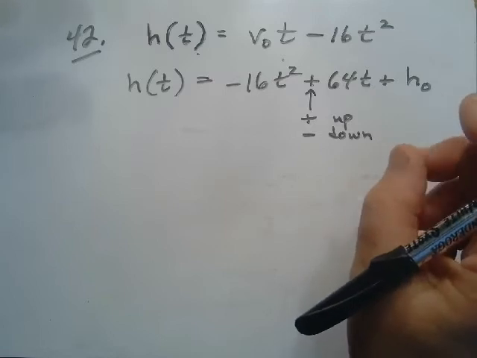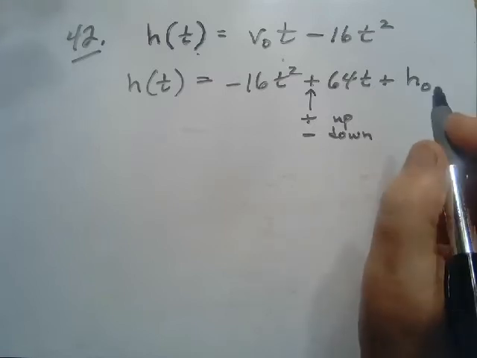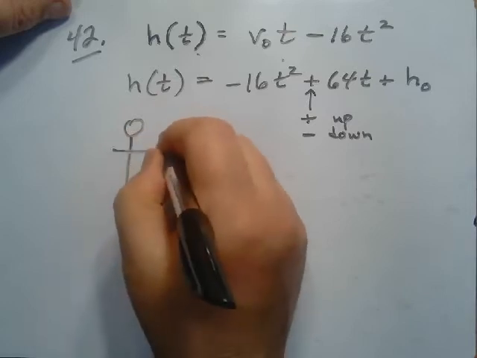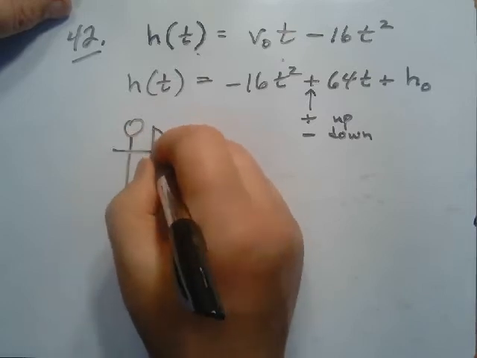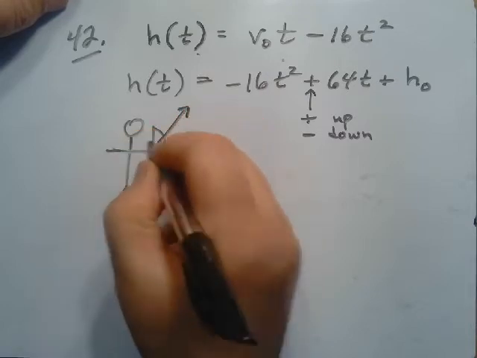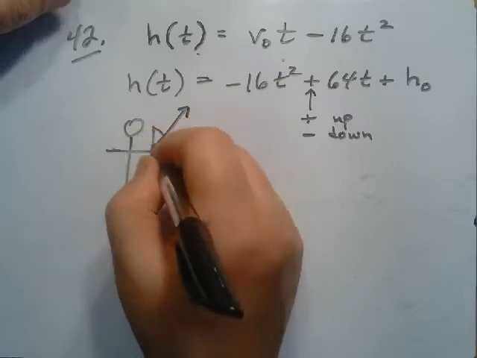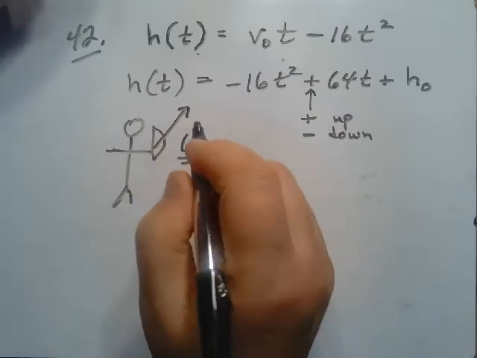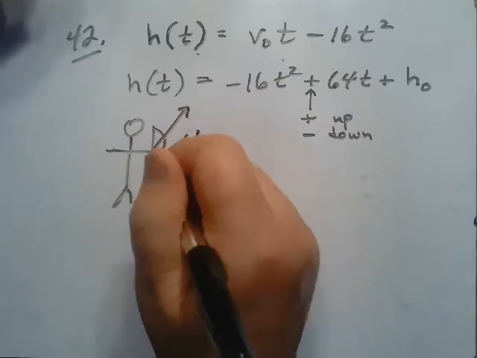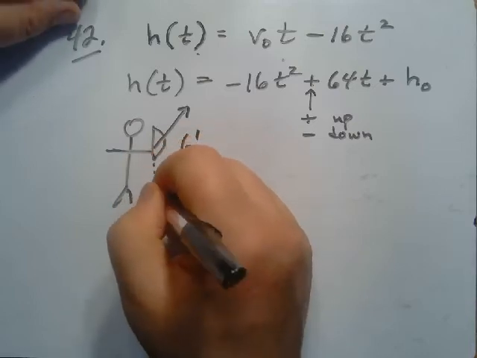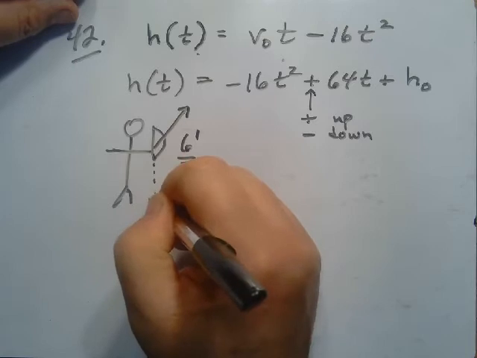It says, ignoring the height of the archer. Well, normally we think of a person standing there shooting off this bow and arrow, right? We usually think of the archer having a certain height, and maybe the bow and arrow is like 6 feet off the ground. But it says in the problem to ignore that height. So we're going to assume that that arrow is actually shot off from ground level.